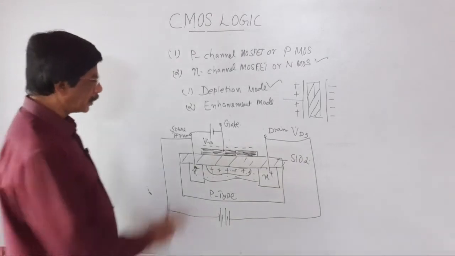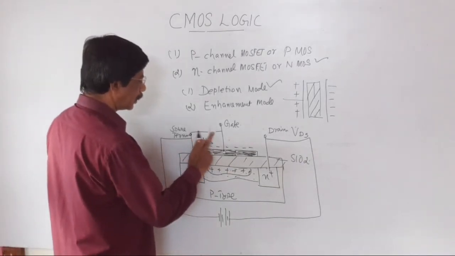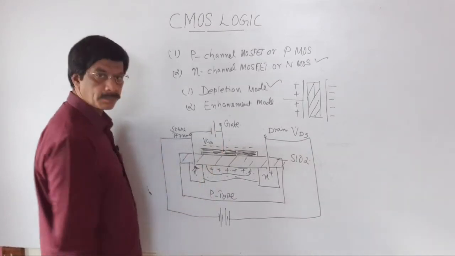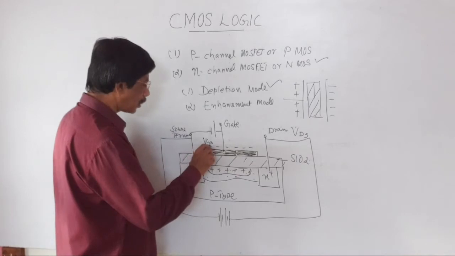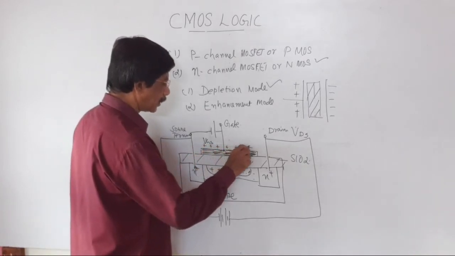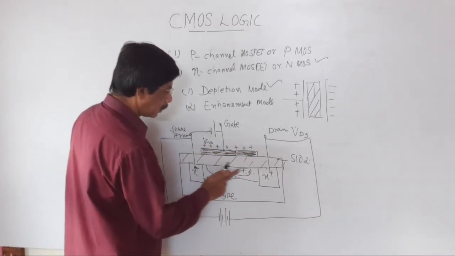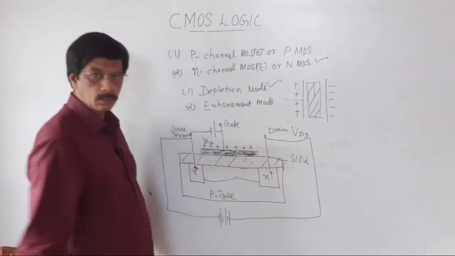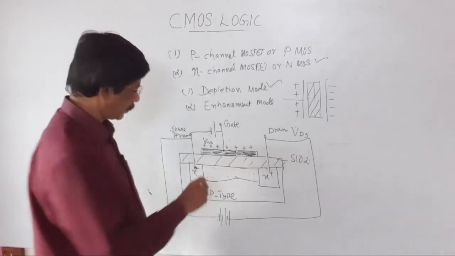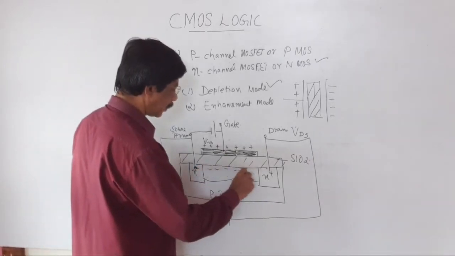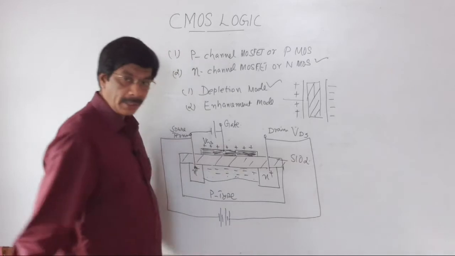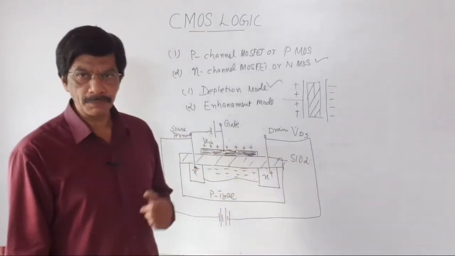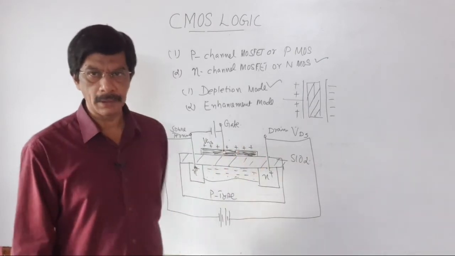The other mode of operation: instead of this negative voltage, you connect positive voltage to the gate terminal. Because of these positive charges, negative charges are induced. Already the channel region is made up of N-type material.